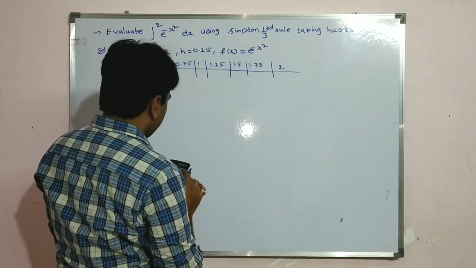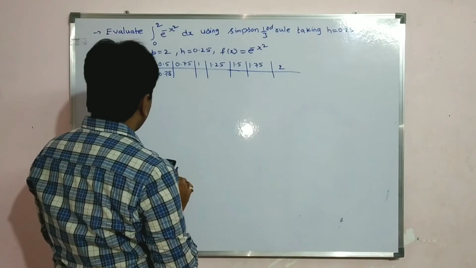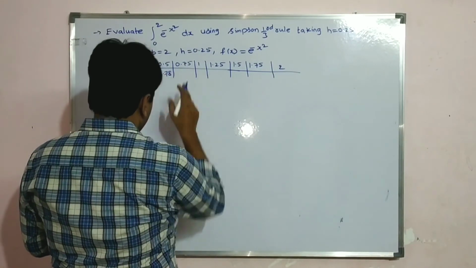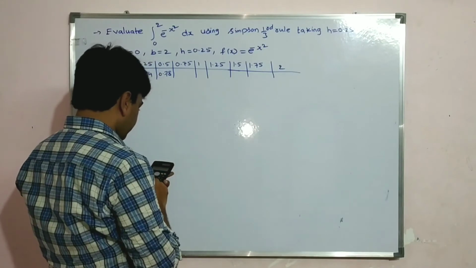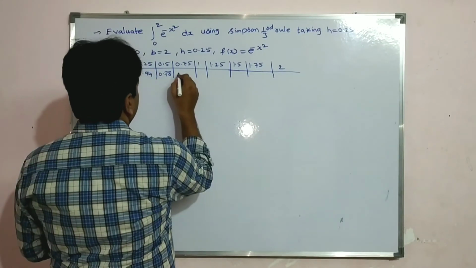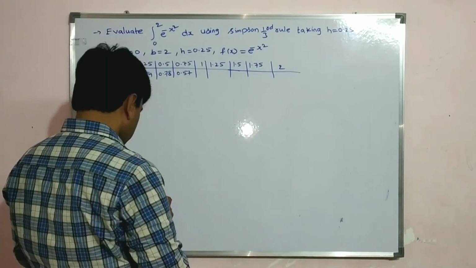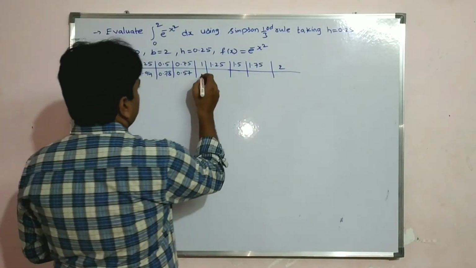Again, you replace 0.5 with 0.75 in the calculator. So for 0.75 we get 0.57, and for 1 this value is 0.37.